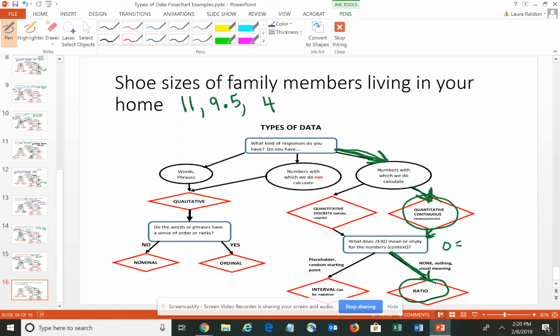But that doesn't occur terribly often. So shoe sizes, I'm saying, is quantitative, continuous, and it gets to the ratio level. But somebody else could argue that it's actually qualitative and ordinal.